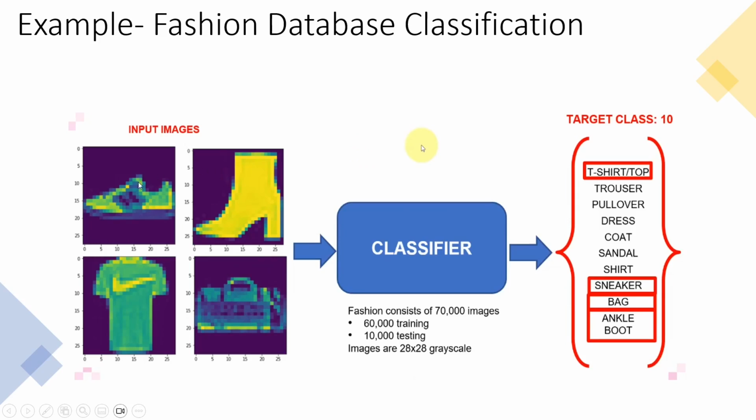And if we give this ankle boot, for example, the highest probability will be here. If we give bag, the highest probability will be for bag, and if we give t-shirt, the highest probability will be for t-shirt.